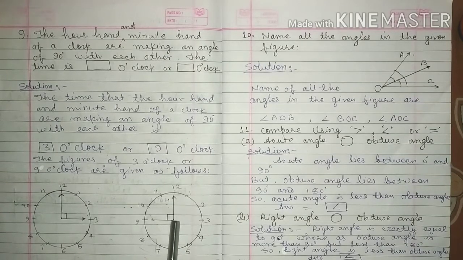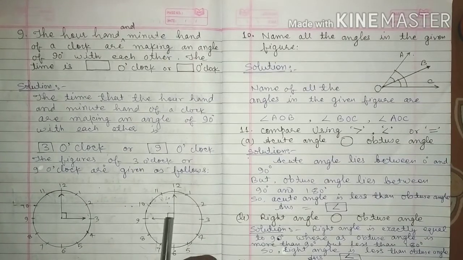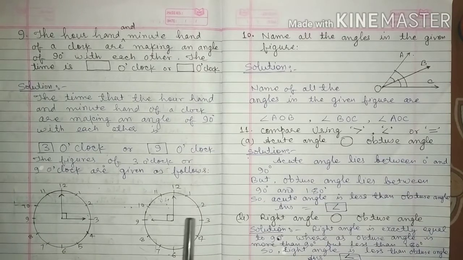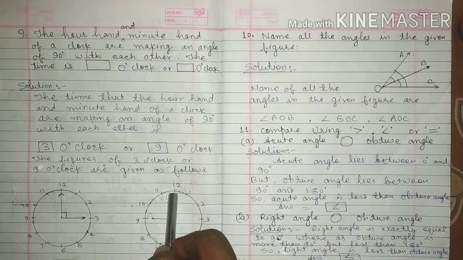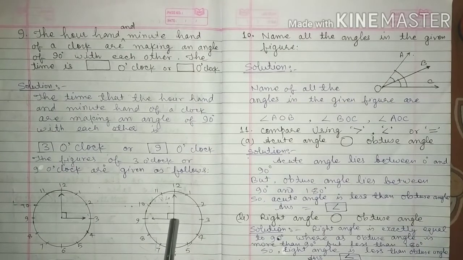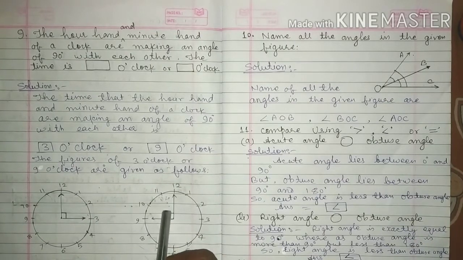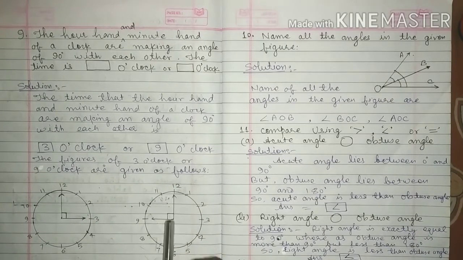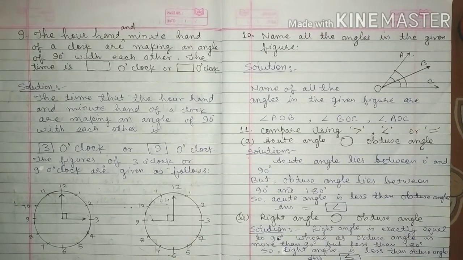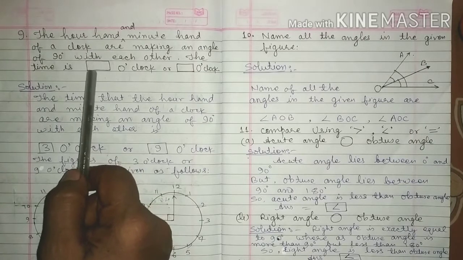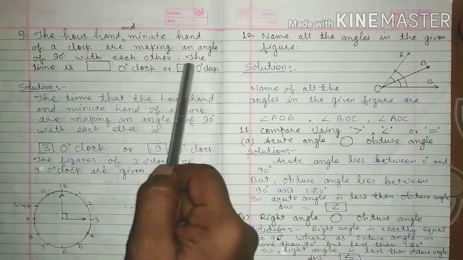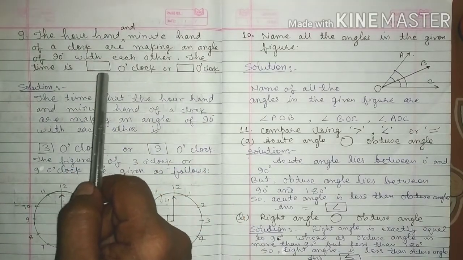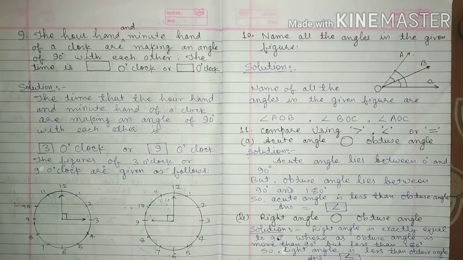Similarly, here at 9 o'clock, the hour hand is in front of 9 and the minute hand in front of 12. These two hands make an angle of 90 degree here. So 3 o'clock and 9 o'clock fill in the given question where the hour hand and minute hand make an angle of 90 degree. This is the answer of question number 9.